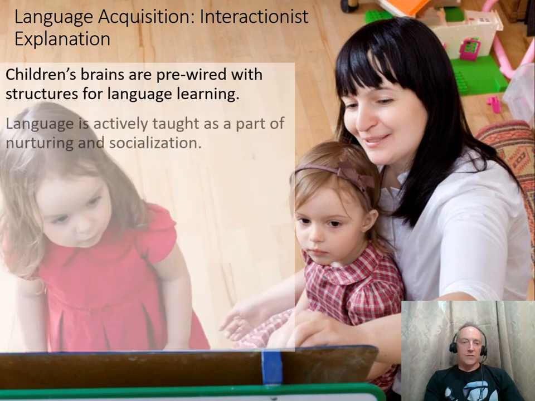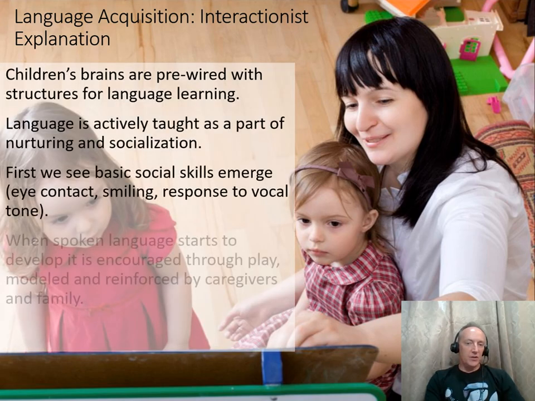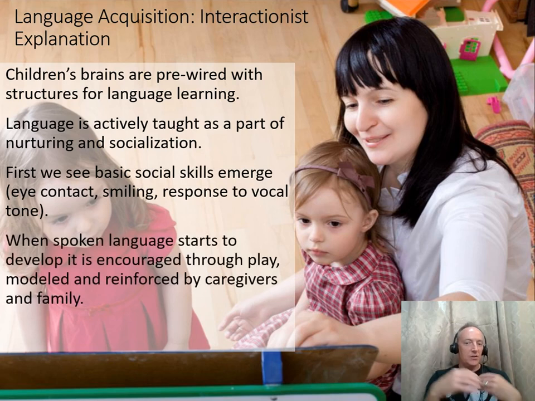Now, as we've talked about before, we usually get our best explanations when we don't restrict ourselves to one perspective or one explanation, and that's what's known as the interactionist explanation for language. So it doesn't negate either of the previous perspectives. It says, maybe we do have a language acquisition device that does allow us to learn language as quickly as we can, but you still need to be exposed to language to learn it.